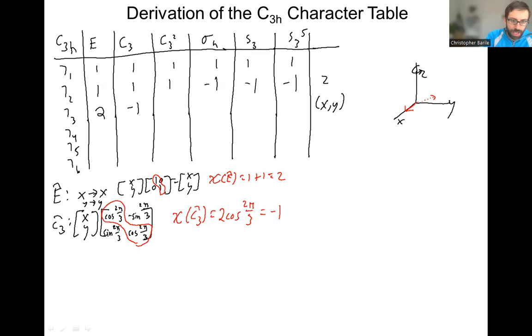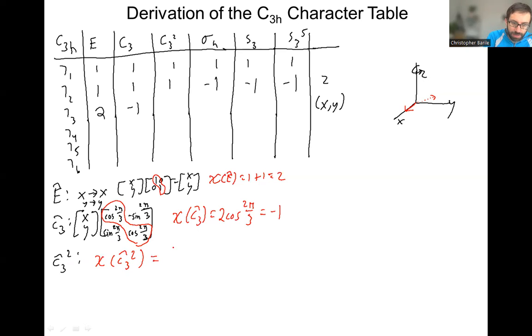All right. And at this point, we can keep going on. So for C3 squared, we're going to have the same sort of rotation matrix here. But instead of having cosine 2 pi over 3, now we're rotating 240 degrees. So I have to rotate twice as much. So for the chi, I don't have to write down the matrix, just to save us some time.